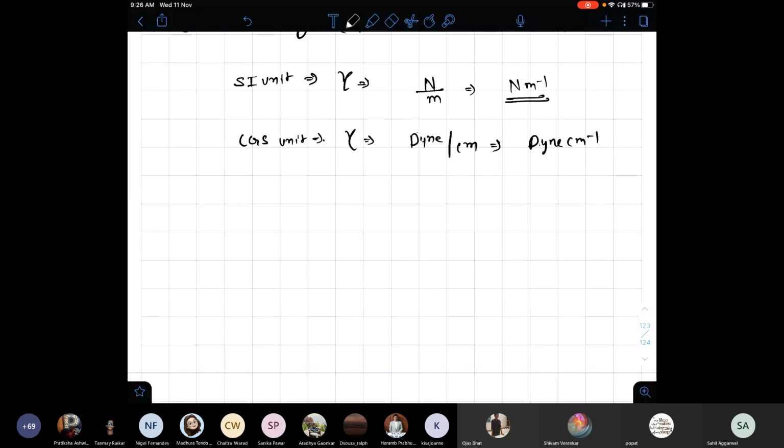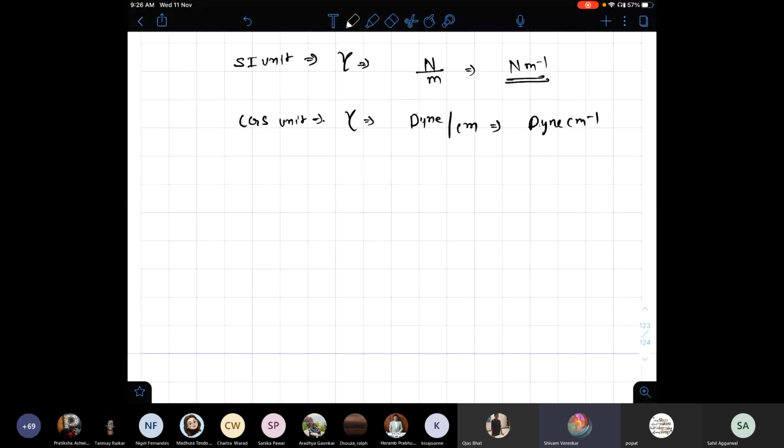10 to the power 7. How 10 to the power 7? 1 Newton is equal to 10 to the raised power 5 dyne. This is correct? 1 meter is equal to 10 to the raised power 2 centimeter. This is correct?